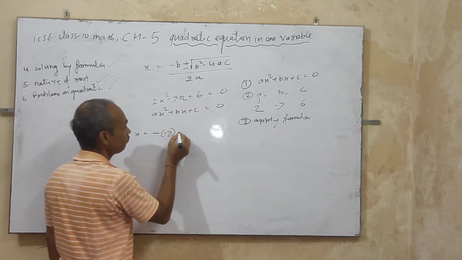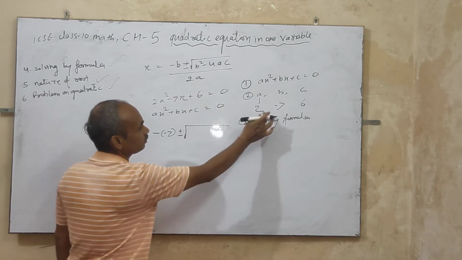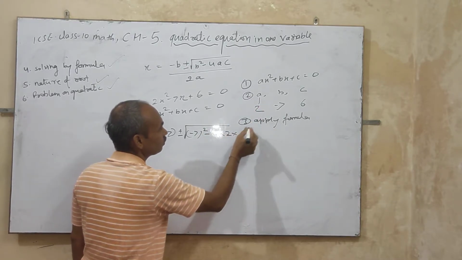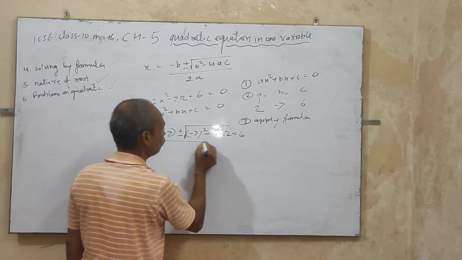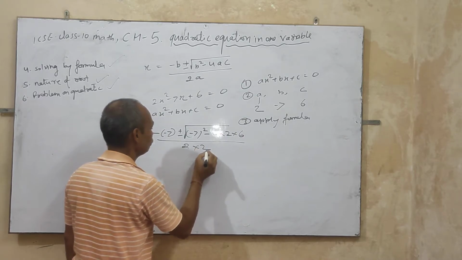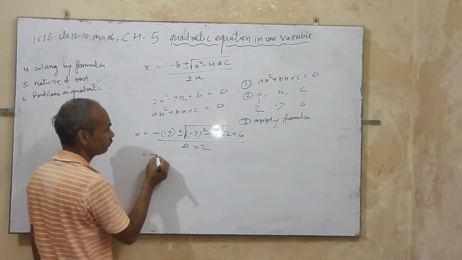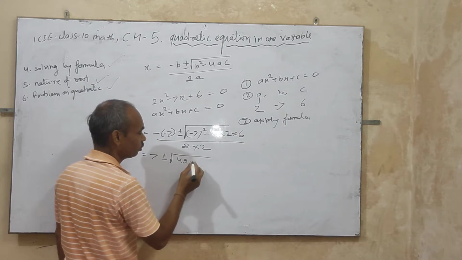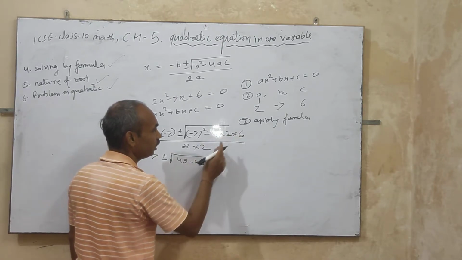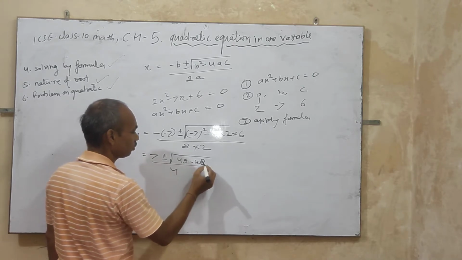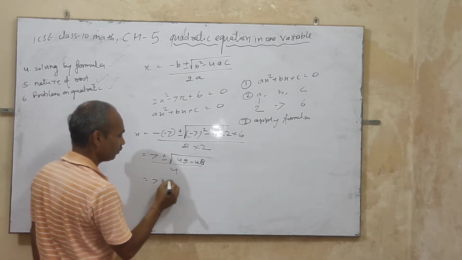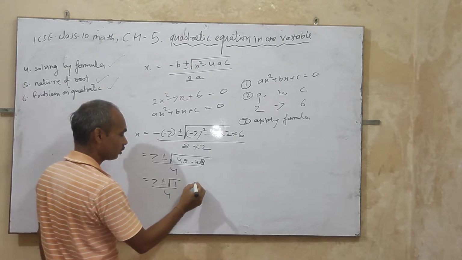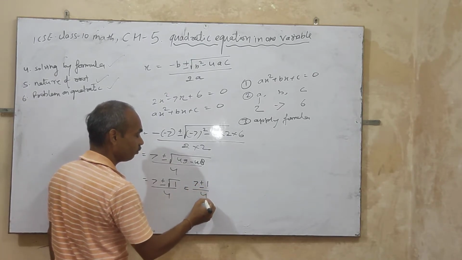Minus 7, so minus of minus 7, plus or minus the square root of b square, minus 7 square, minus 4 times a, which is 2, times c, which is 6, upon 2a, which is 2 into 2. That is 7 plus or minus the square root of 49 minus 4 times 2 times 6, which is 48, upon 4, equal to 7 plus or minus the square root of 49 minus 48, which is 1, upon 4, or 7 plus or minus 1 upon 4.